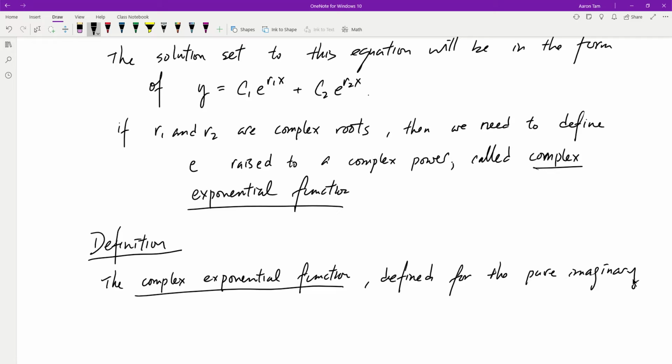But if you just have the imaginary exponent, for the pure imaginary numbers, let's say ix with x being real, so that's how we define an imaginary number, is to multiply the imaginary part with a real number as the coefficient for i, it is given by the formula right here.